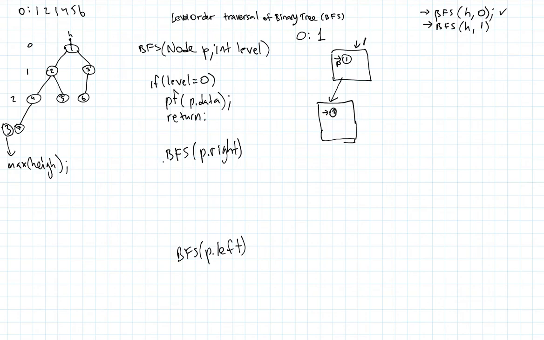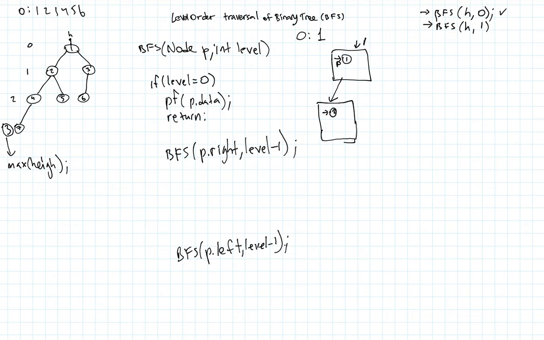So it is here right now. But then when I was here, I passed a level here, but I should not pass the same one. I should decrease it. So I'm doing -1 here, as well as I'm doing -1 here.